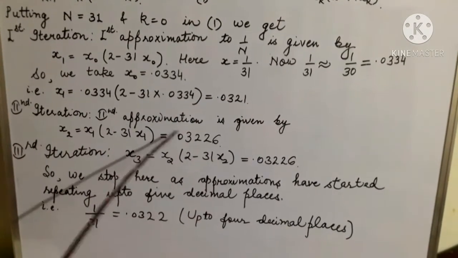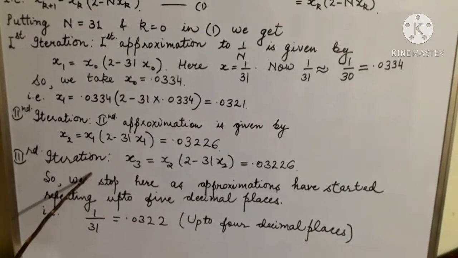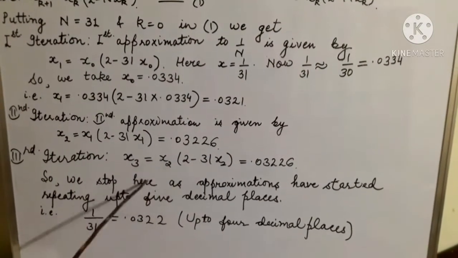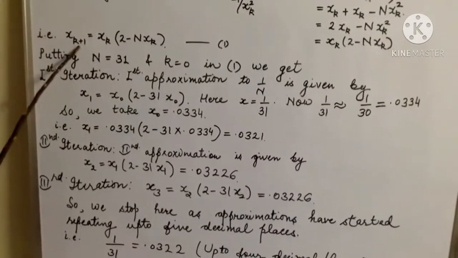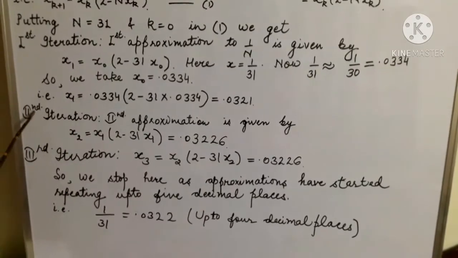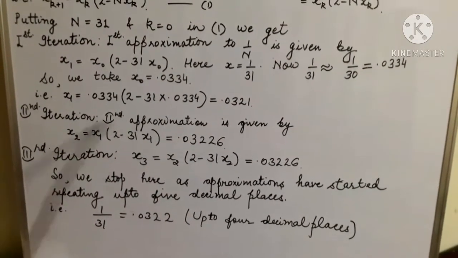Okay, the approximation is not repeating itself. We reach the third iteration by doing like this. x3 is equal to x2 into this. When we put k equal to 2 here, this will give you 0.03226. So you can see from the second and the third iteration that the approximations are repeating.